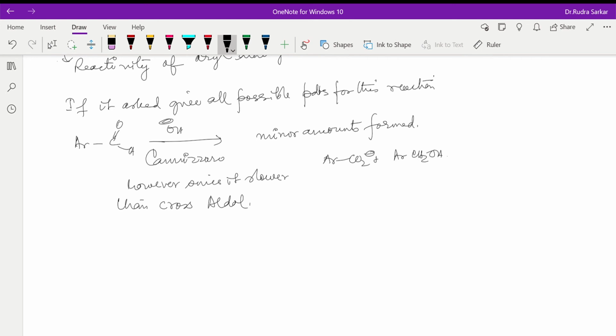So this can be one possibility, but a very small amount is formed.